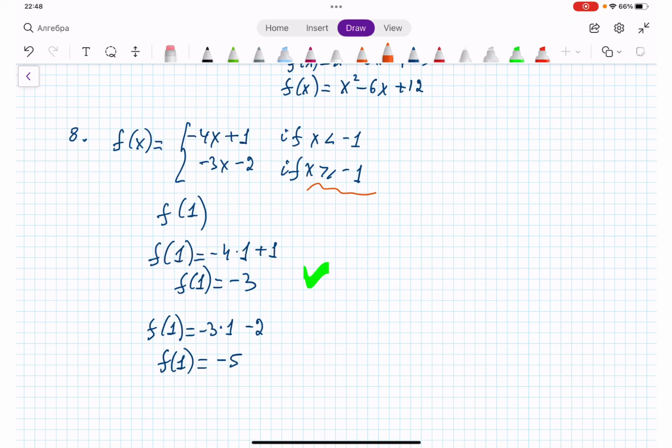And it doesn't, because negative 5 is less than negative 1, which means here we put a cross, which cannot be the answer, and our answer is going to be only negative 3.